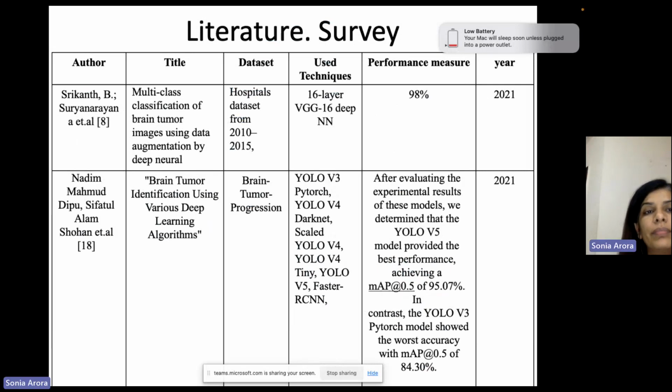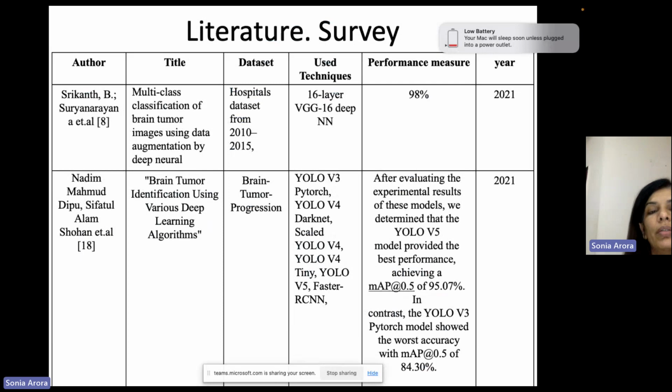Shrikant used multi-class classification of brain tumor images using data augmentation by deep learning. He used a hospital dataset from 2010 to 2015 and a 16-layer VGG deep neural network, and he got 98% accuracy.